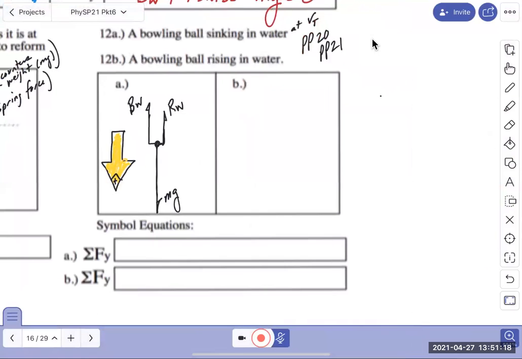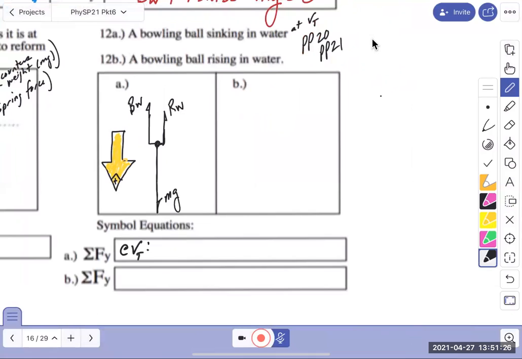In this case, the summation of forces, and let's say it's at terminal speed, so we'll say at VT. We have mg, direction of motion is positive. mg is positive, minus the buoyancy, minus the drag, and that's going to equal 0 because I'm at terminal velocity. I'm not speeding up or slowing down.